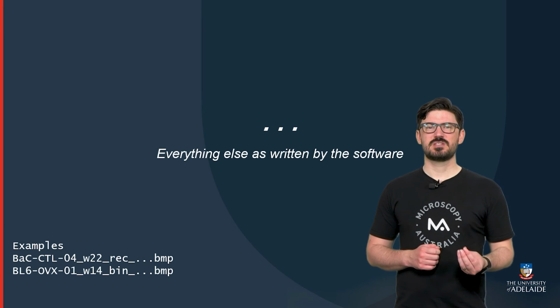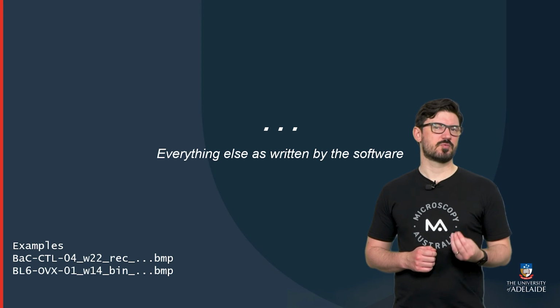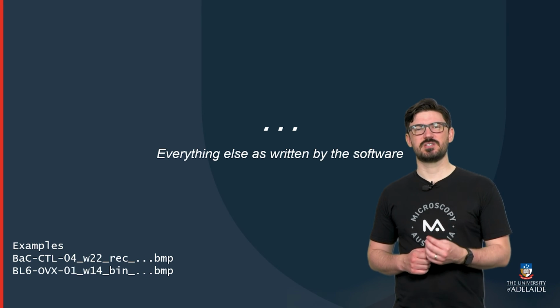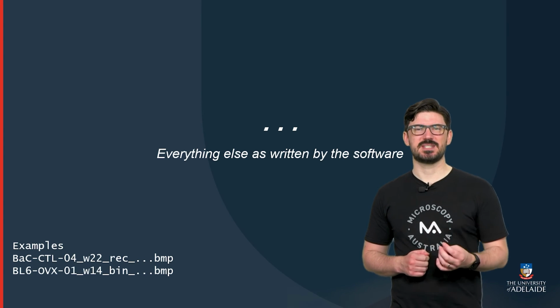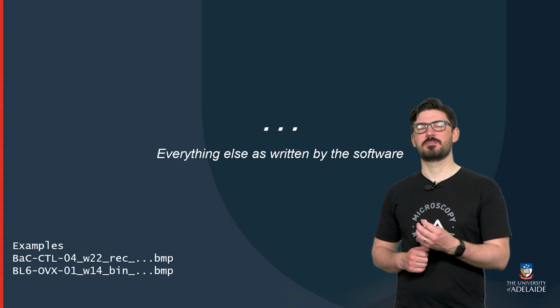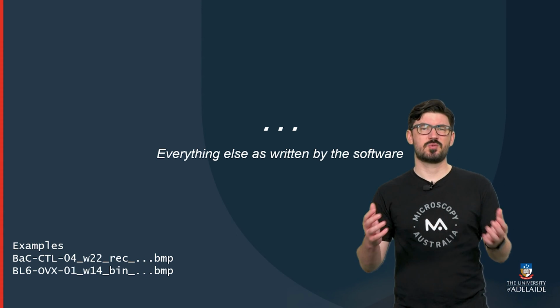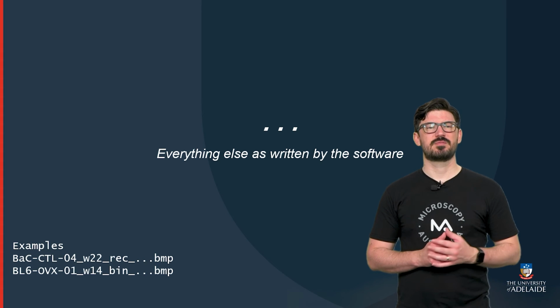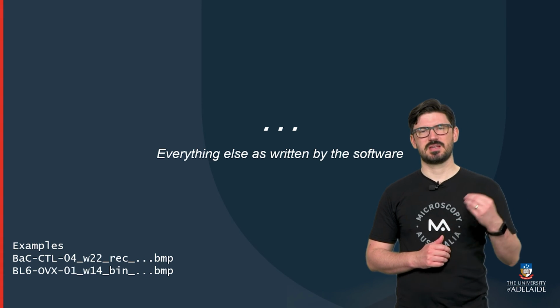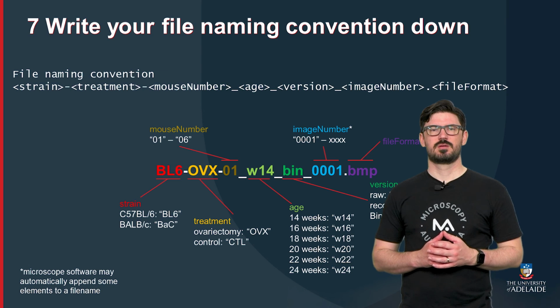For my naming convention, I know I can replace the ellipsis with a 4-digit slice number within the micro-CT stack, as it would be written by the microscope software. So I'd ask, please talk with your microscopist, and they'll inform you about missing attributes as would be written by the software.